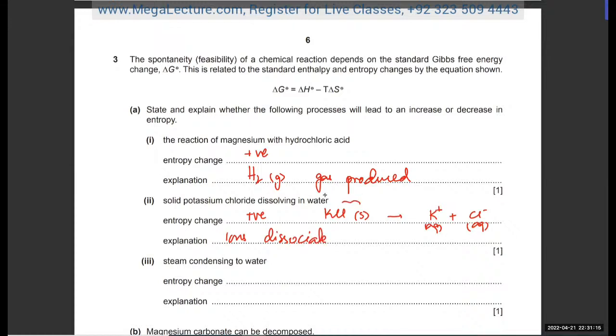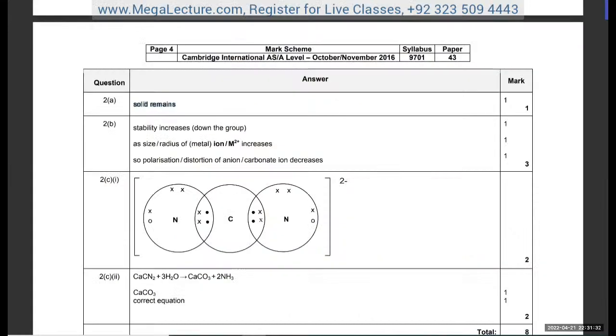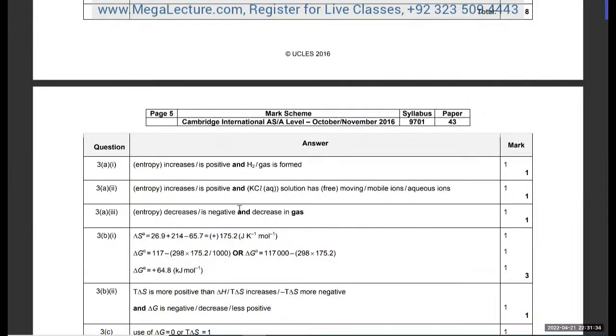You had just 1 particle, all together, but in water the particles have all dissociated. So ions dissociate, and the number of particles in solution increases. That's what they wrote: the solution has free moving aqueous ions.